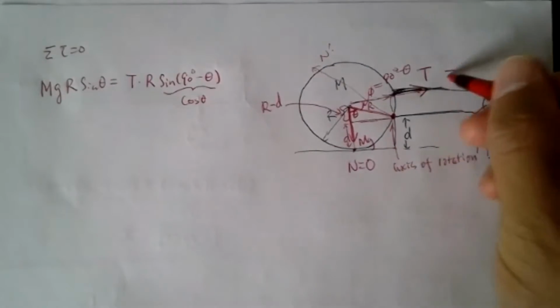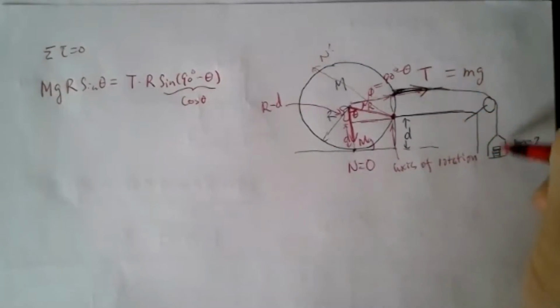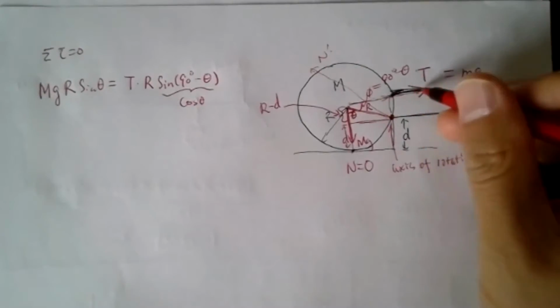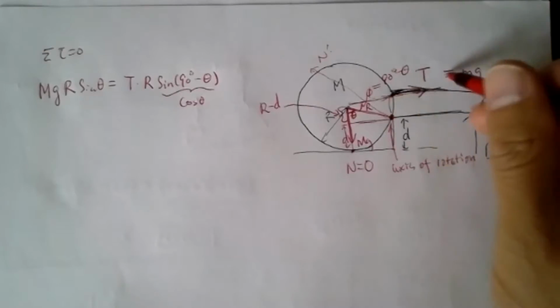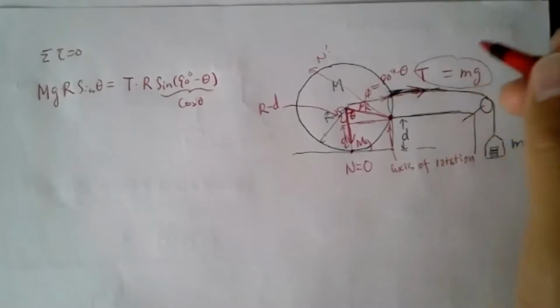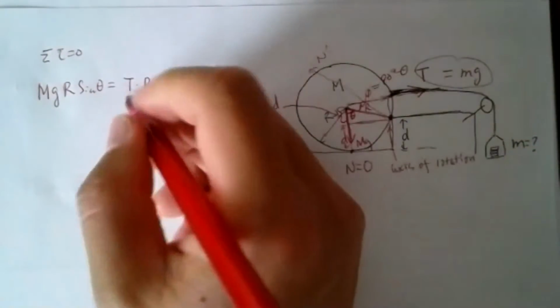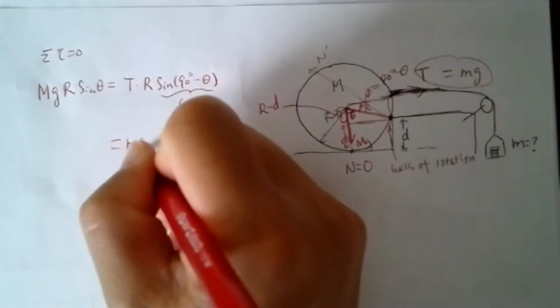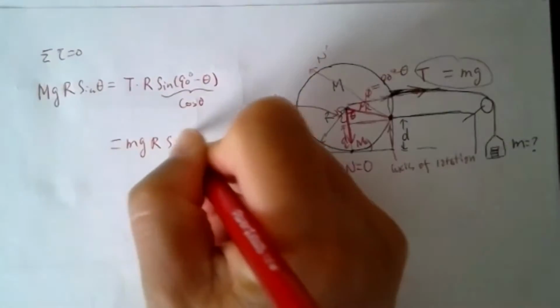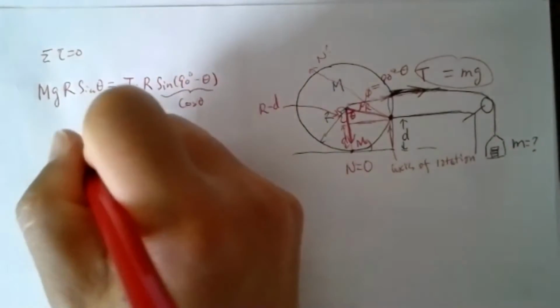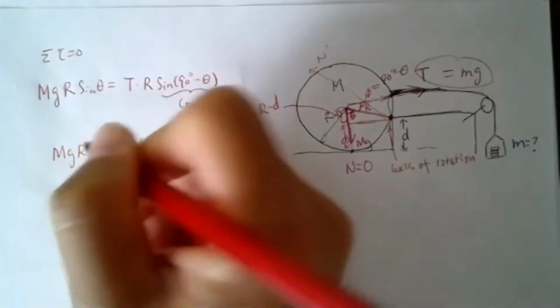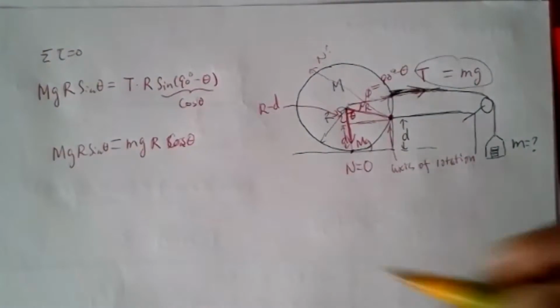So the tension here should be equal to small mg, because you are gradually adding weight, so it's not moving. There's no oscillation, so these two should equal each other, and you can replace T with small mg. So small mg times R times cosine theta equals capital Mg times R times sine theta.